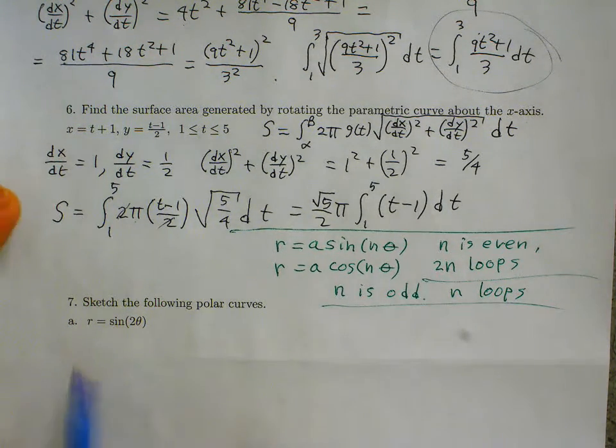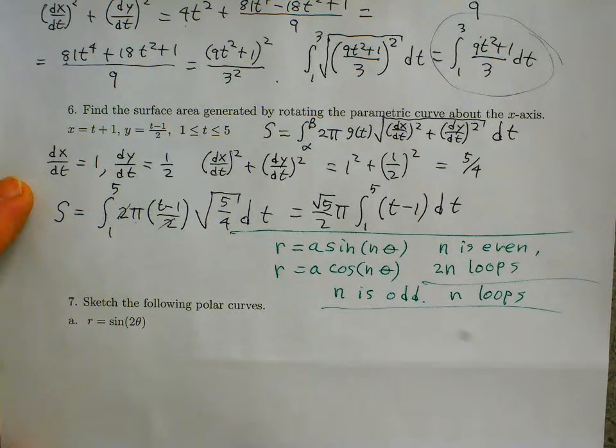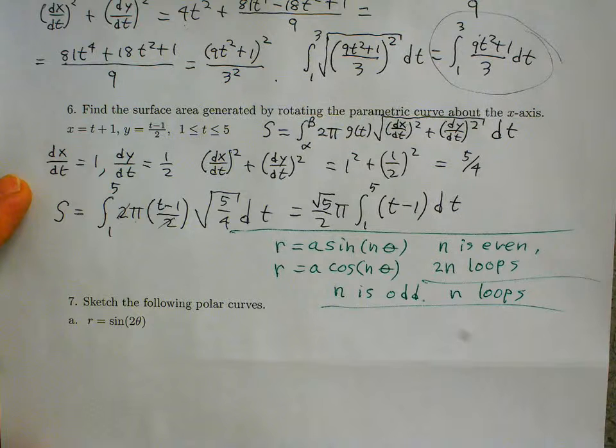Okay, if we sketch the Cartesian equation first, then since it's sine of 2 theta, one period of that will be from 0 to pi, and the second period will be from pi to 2 pi.